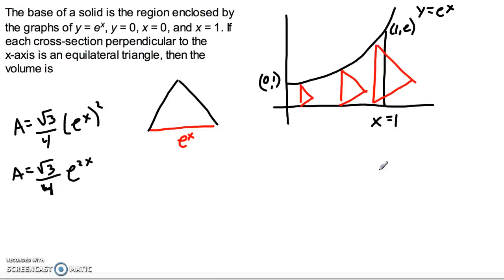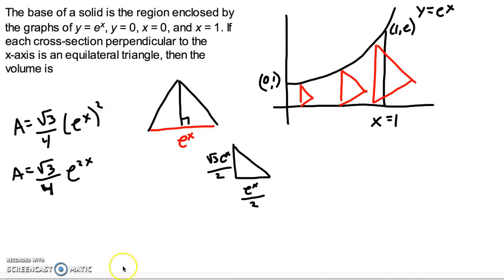Now, I'll just take you through it, so if you want to see how to come up with that on your own, if I take this triangle and I divide it in half, right? So that's my 30, 60, 90. Then this piece right here is going to be e to the x over 2. So this is e to the x over 2. This side is whatever's here times rad 3. So that's rad 3 e to the x over 2.